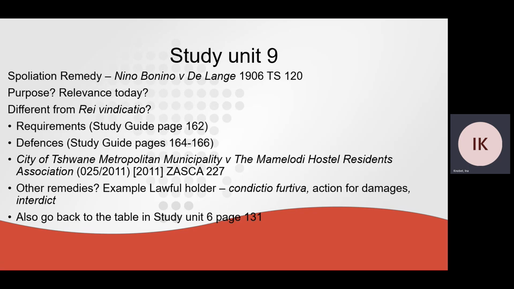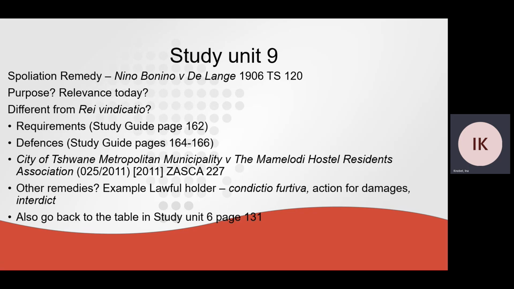If we talk about that example of changing locks and preventing somebody from accessing a rental property, of course, the correct procedure would be to apply for an eviction order, and that is a court order. Section 26 of the Constitution tells us very clearly that no one should be evicted from his or her home without a court order.